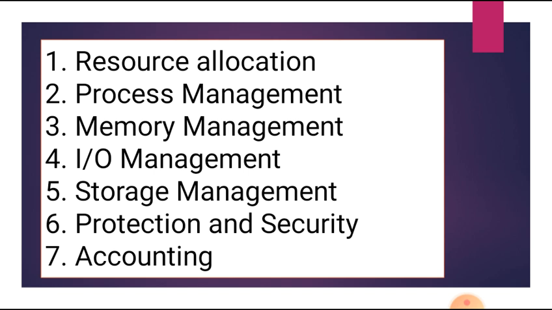Without allocating space in main memory, no process can execute. Remember, without allocating space to any program, we cannot execute it. We can execute the program only when the CPU allocates memory to the program.